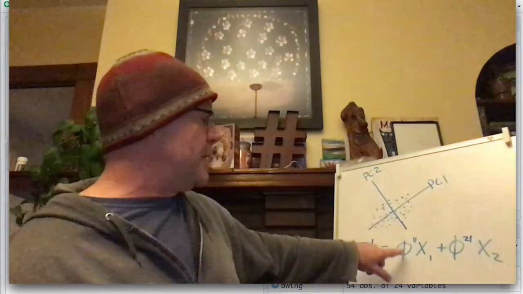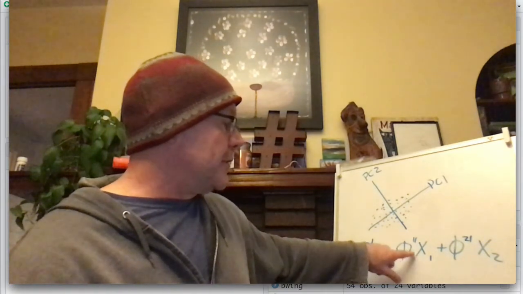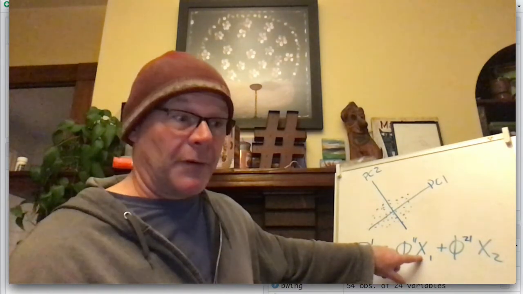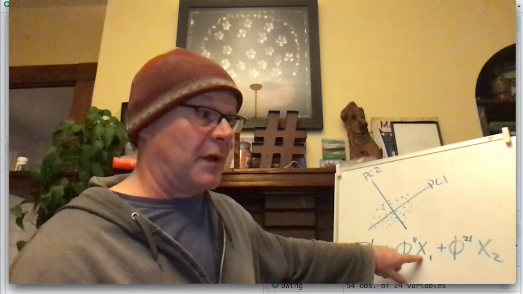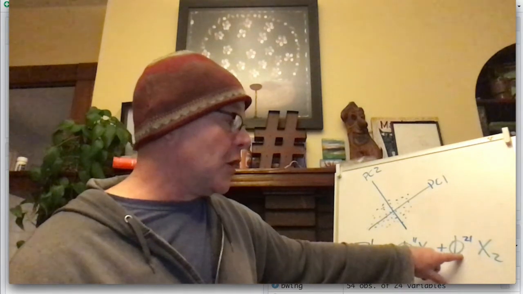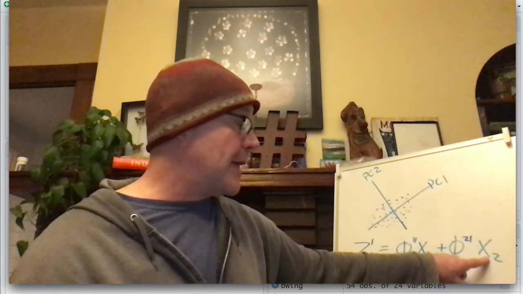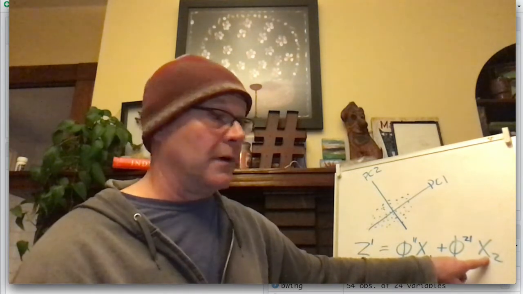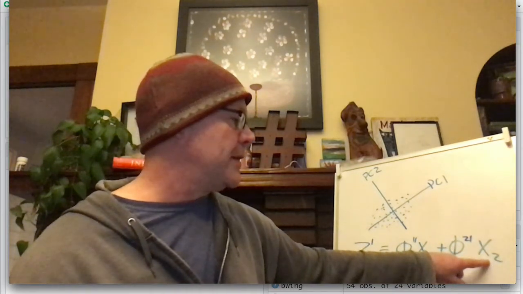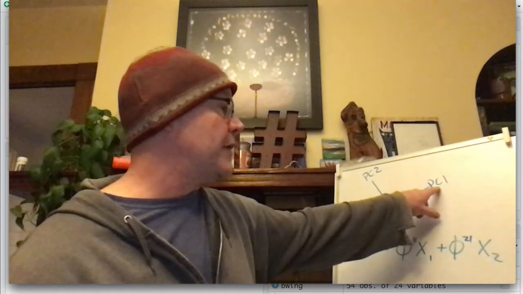So this would be some value, and you would take that value and multiply it by the observed value for whatever individual had for, say, phosphorus, plus some other coefficient times the value that that first individual had for the covariate 2, so maybe nitrogen or whatever it might be. And that would give you a score for that first individual for that first PC axis.